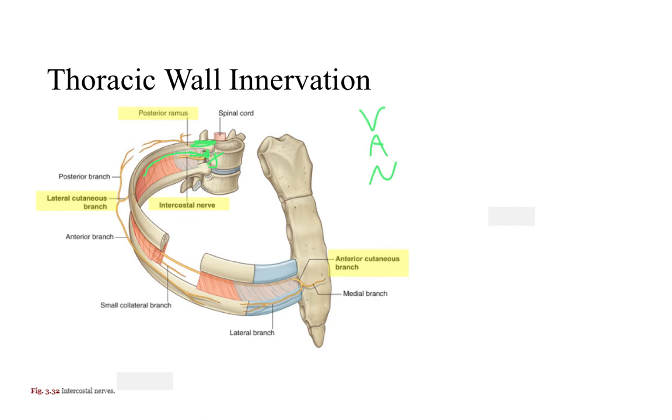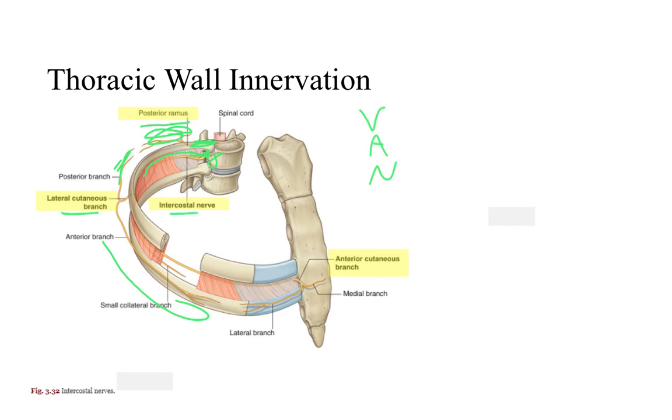Okay, then you have this posterior ramus that is going to the skin of the back, and then it branches off into this lateral cutaneous branch, which supplies nerve endings to the skin of the lateral aspect of the thoracic wall. And of course, this lateral cutaneous branch goes along the side and continues to provide innervation to the lateral portion all the way up to the anterior portion.